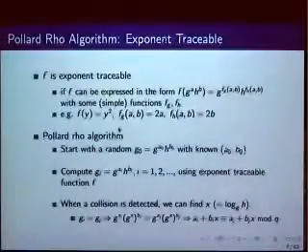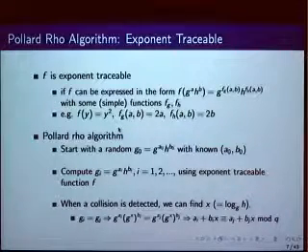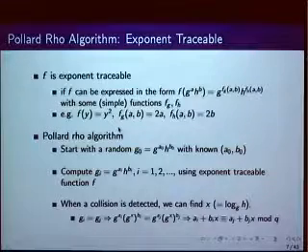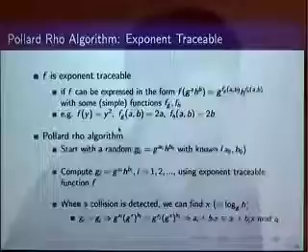For example, a random function f is when f is y squared, and if you take this f, we know the exponent is 2a and this is 2b. So when we know the exponent of the input element, we know the exponent of the output element with respect to g and h.